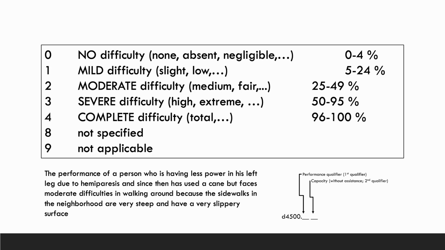And we can say that moderate restriction in performance of walking short distances for the capacity qualifier, this domain is going to refer to the individual's ability to walk around without assistance. So for example, we're going to say the true ability of the individual to walk without a cane in a standardized environment, such as one with a flat and non-slippery surface, will be very limited.